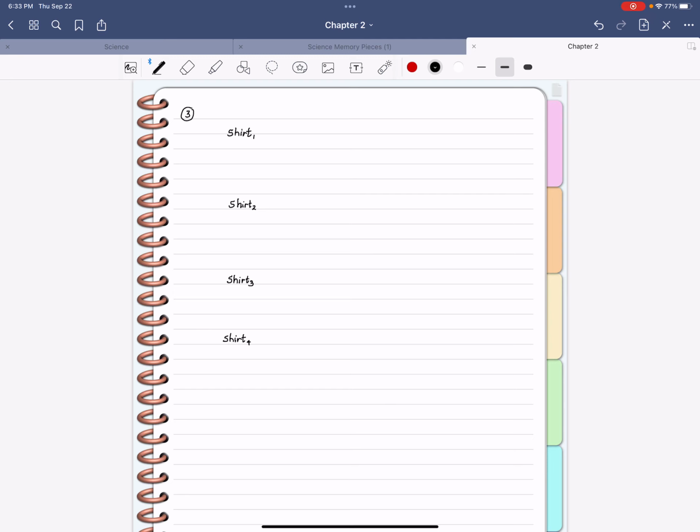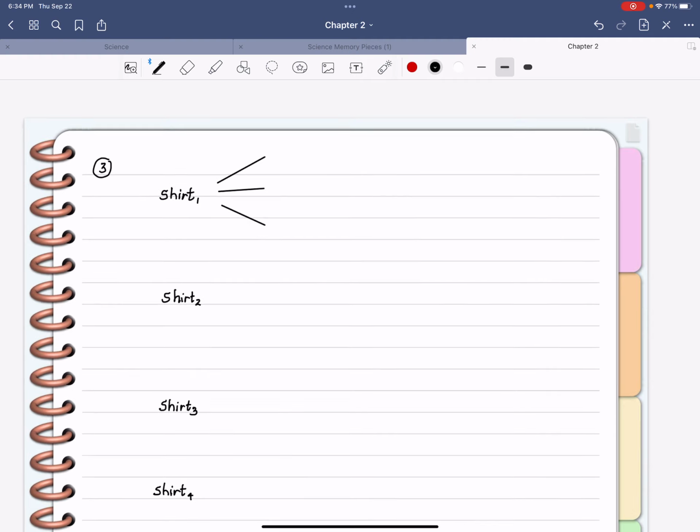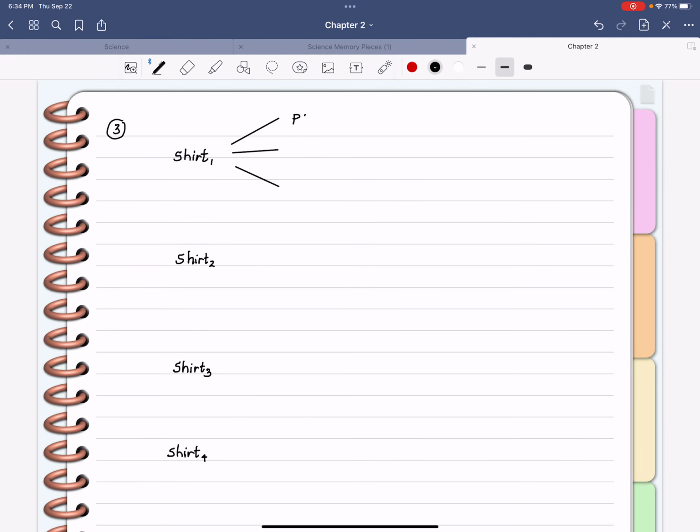So he has 4 choices of shirts. And then he has 3 choices of pants. And I'm just going to do this once and copy it. So there's 1 pair of pants, pants 2, and pants 3.